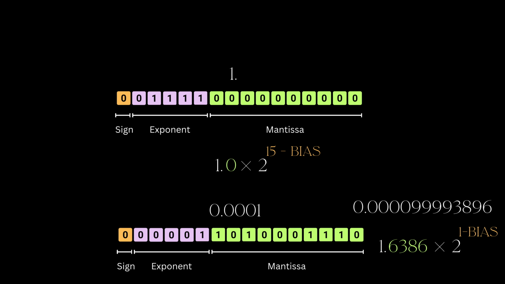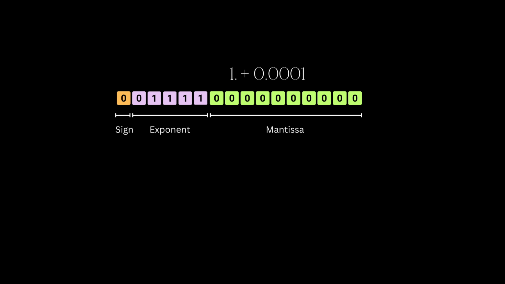So let's add 1 and 1e-4 together. These are their binary representations, and the first thing we do to add these two binary numbers is aligning their exponents. That is done by aligning the smaller exponent to the larger one by shifting its mantissa bits to the right.